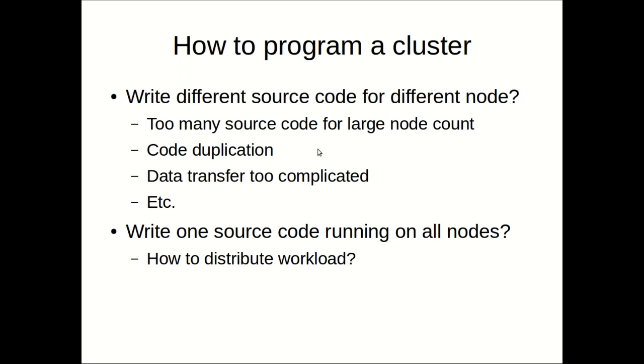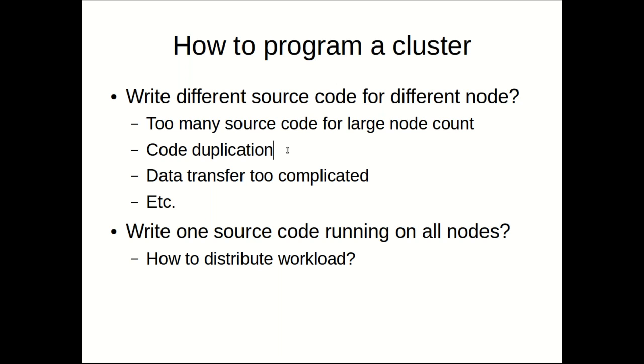Another thing that you will soon discover is that you will have lots of code duplication. Why do we have code duplication? The reason is that many times we have a programming scenario in which different nodes or different cores or different computer processes just handle a different portion of the data, but the operations that you're going to apply on those different portions of the data are pretty much the same.